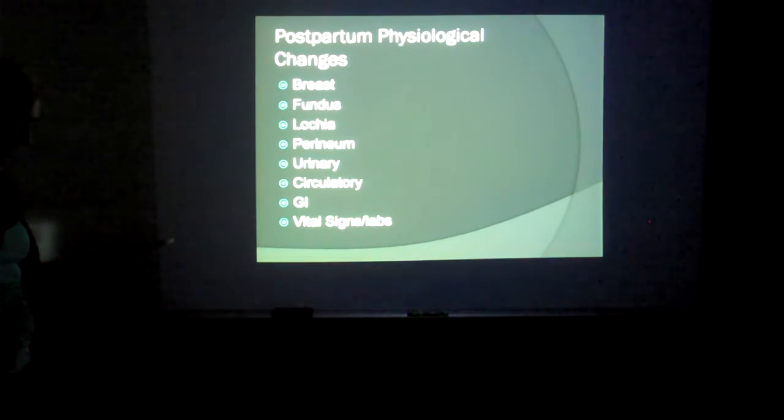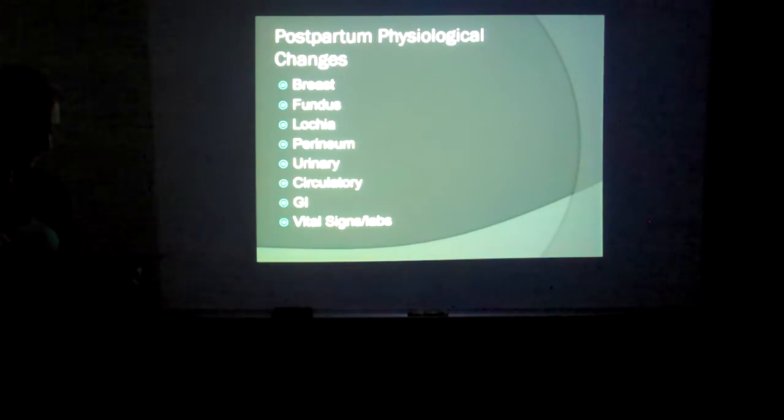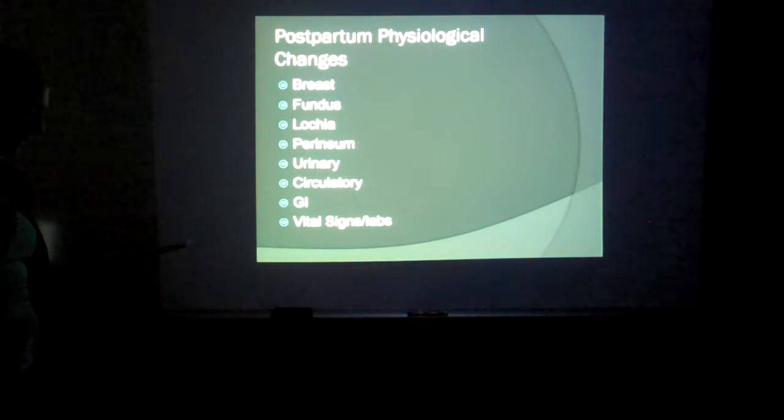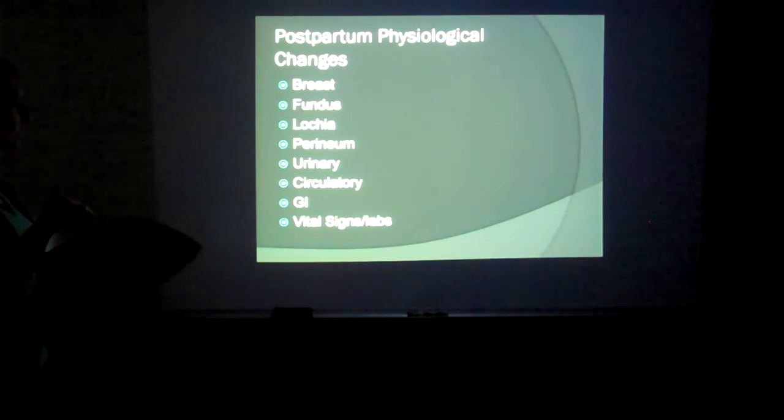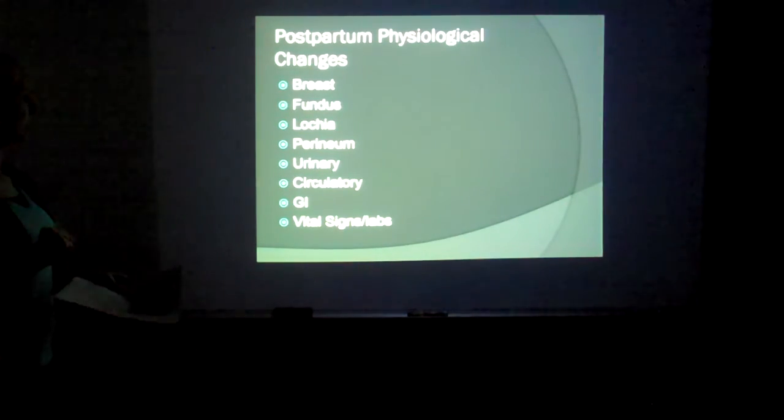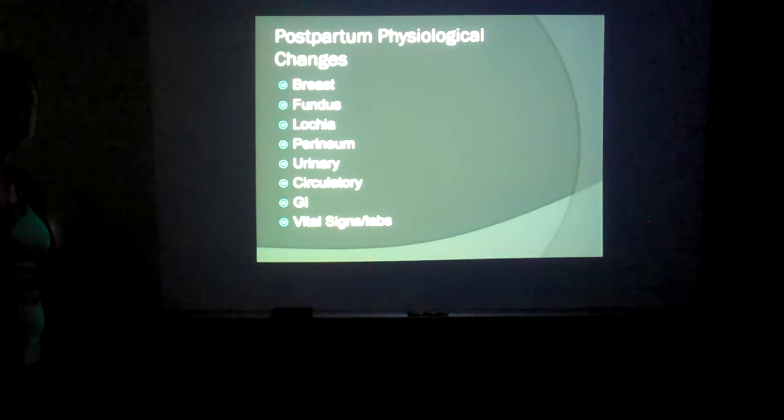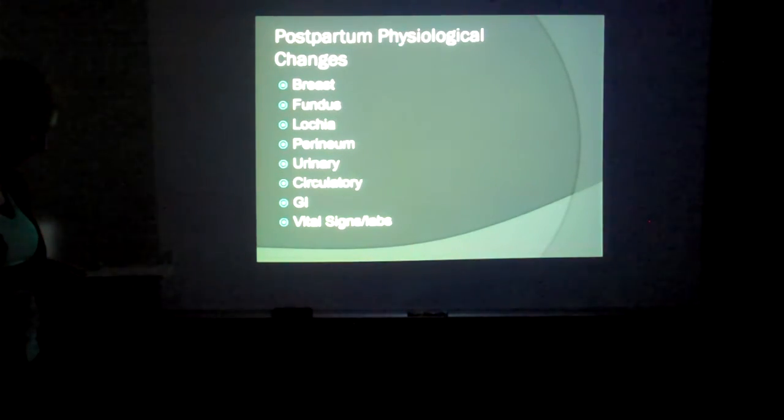It's called serosa. And then around the 10th day, it decreases to a yellow or white discharge called alba. If your discharge has been rubra, serosa, alba, and then it goes back to rubra, that is a danger sign or a sign of a complication that you want to report.